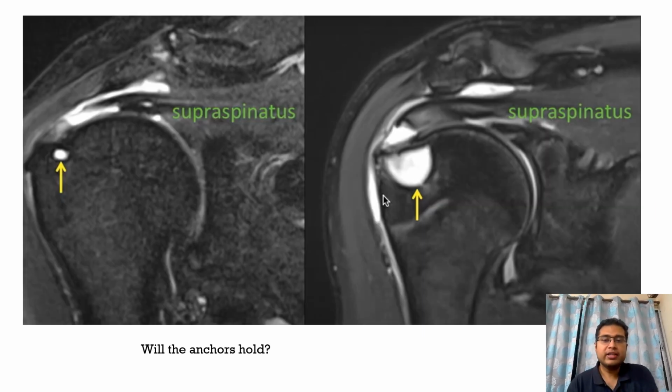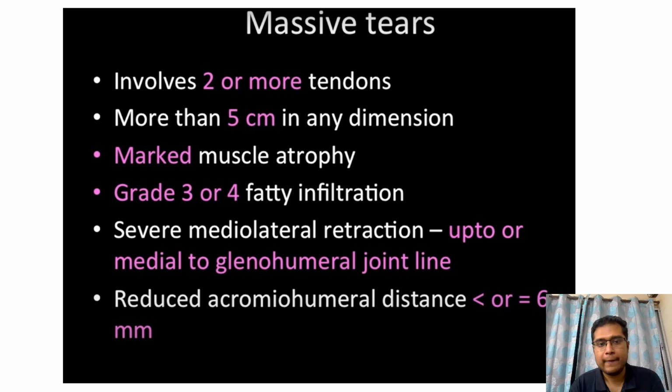Then another important thing that has to be mentioned in case of tendon tears is the intraosseous cystic changes, whether they are present and where they are present and how big are they, because the anchors that are put within the bone, if there is a cyst in the bone, then the anchors will not hold and there will be a re-tear post surgery.